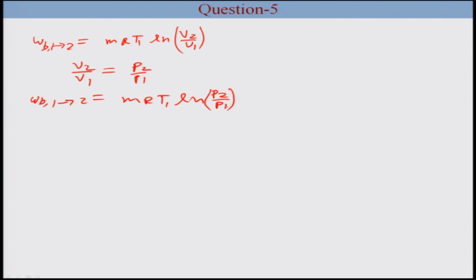In this expression we don't know the mass of the air initially present in the system. So from the ideal gas equation we can calculate the mass of the air as P1 V1 upon R T1. After plugging in the values of P1, V1 and T1, we get 600 kilopascal initial pressure. Volume is given as 0.8 meter cube.